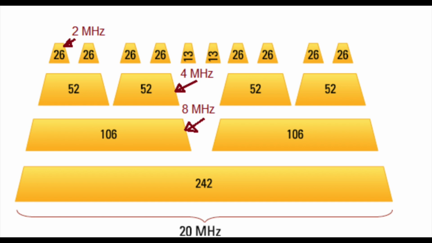These resource units are then utilized to cater to the different segments of traffic. We have 20 megahertz of channel bandwidth. Each group comprises 26 subcarriers and makes up 2 megahertz of bandwidth.